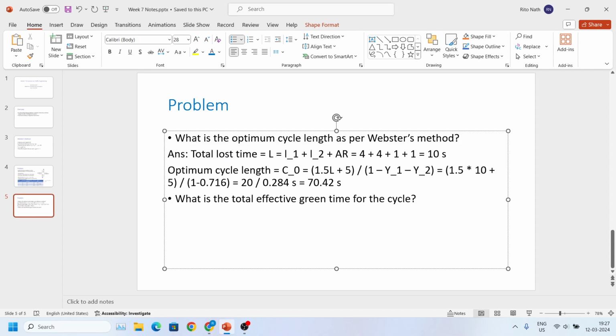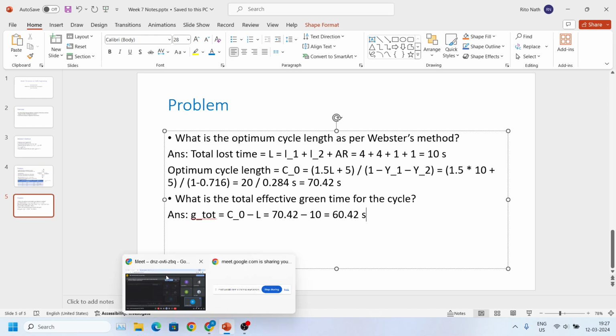Here you have to calculate G total. It's again very simple. G total is C minus L. C can be C0 here, but for simplicity you can write it as C. So it's 70.42, and L is 10 seconds. So it's simply 60.42 seconds.